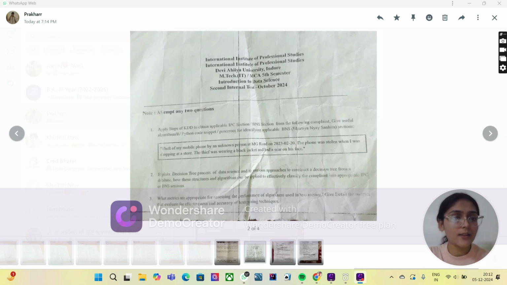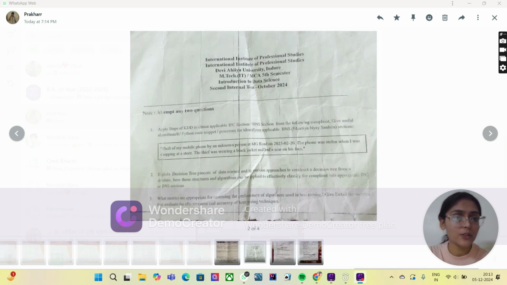So our answer is metrics for assessing the performance of text mining algorithms, which include accuracy, which measures the proportion of correctly classified instances. The second one is precision, which measures the proportion of true positives among all positive predictions. Another one is recall, which measures the proportion of true positives among all actual positive instances. F1 score, which measures the harmonic mean of precision and recall.